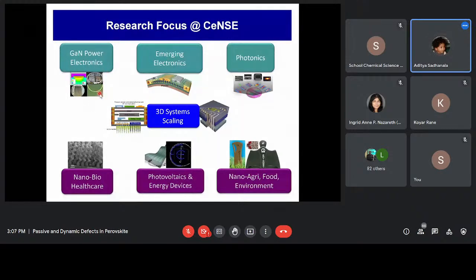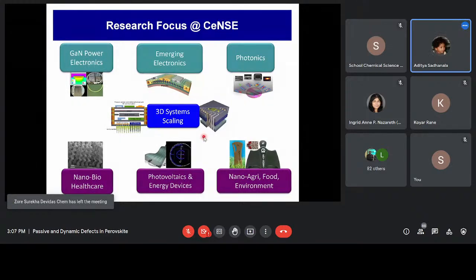It's a big push at the center at the moment, given the electric vehicle boom that is happening. We also work a lot on photonics, emerging electronics, nanobio healthcare, photovoltaics and energy devices, which is one of my research areas, and agriculture and environment based on sensor technologies.